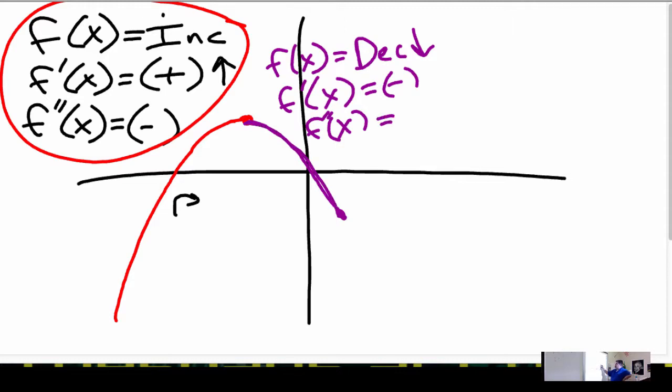So I'm going to say that it's still curling down, which means that's negative, right? So that means that f double prime is still negative.